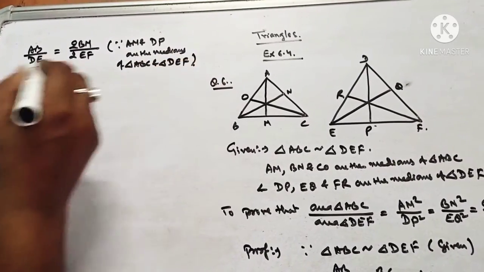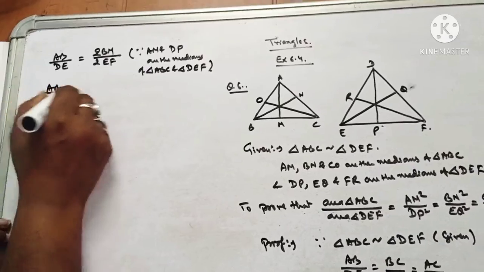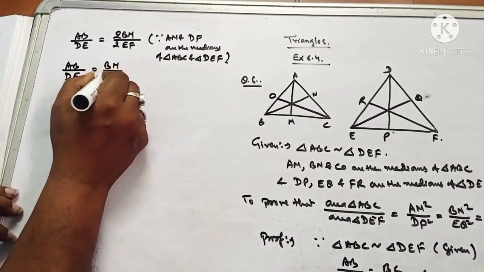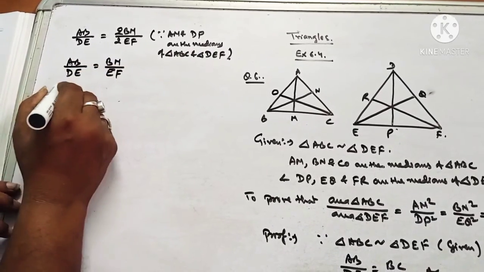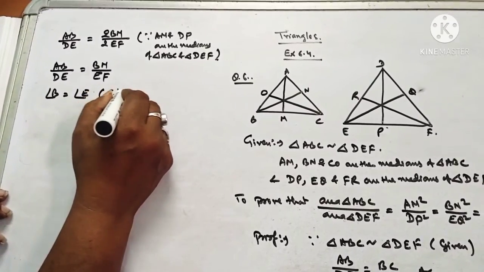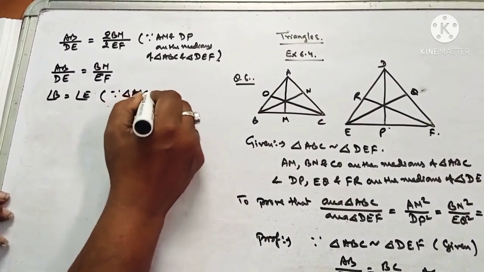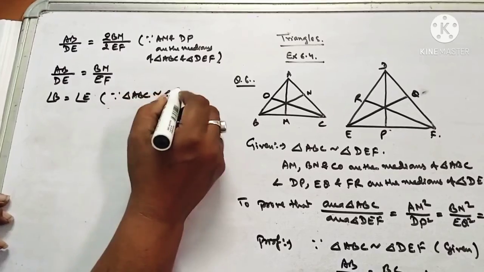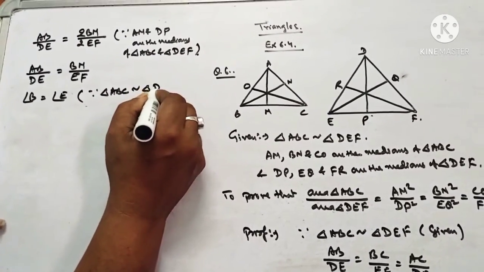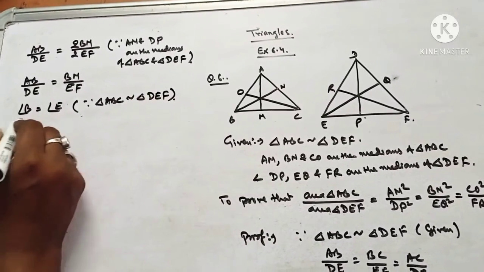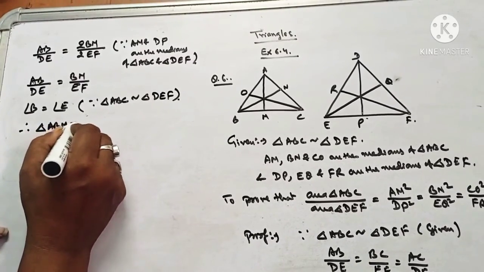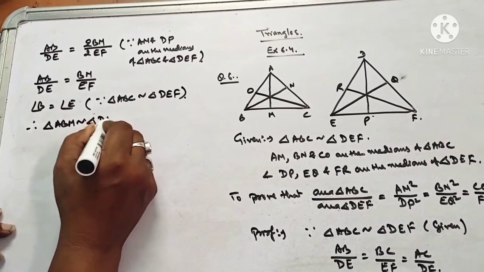So AB by DE is equal to BM by EP. Again, angle B is equal to angle E. Why? Since triangle ABC is similar to triangle DEF. This is given to you. Therefore, triangle ABM is similar to triangle DEP.